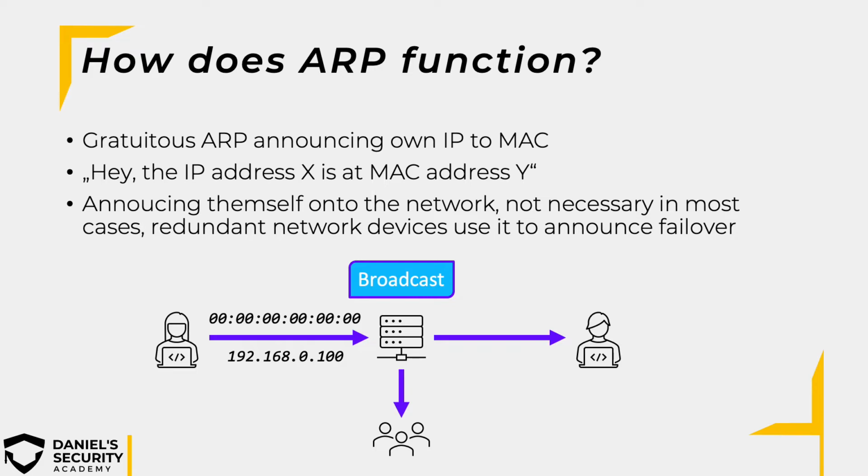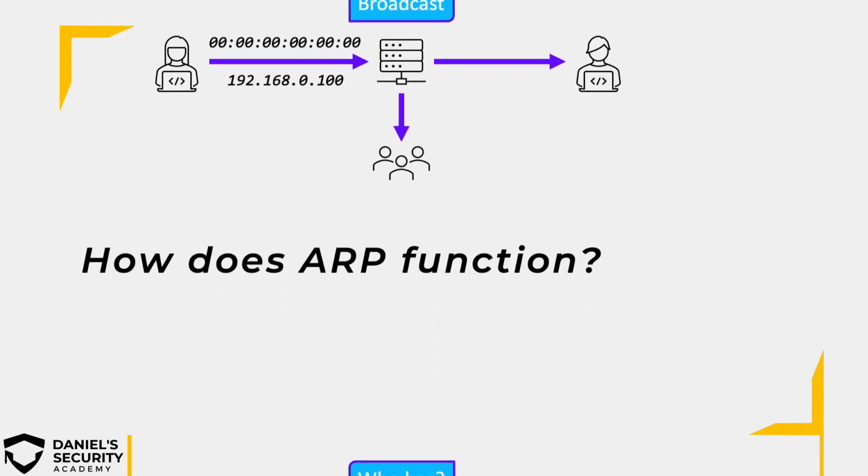And this announces the change of the active member inside the high availability cluster. So it is there. If you run Wireshark on a network, you will find a lot of gratuitous ARP packets.